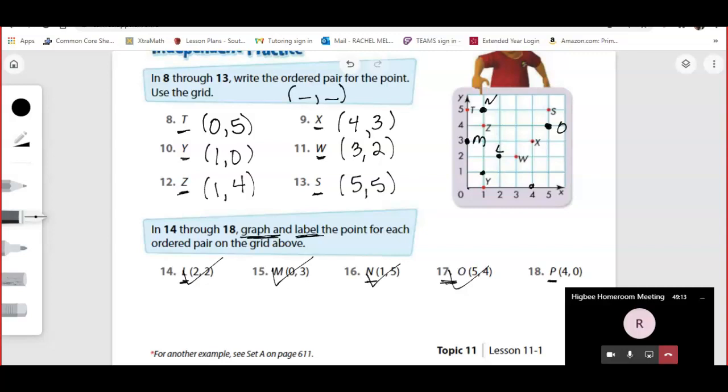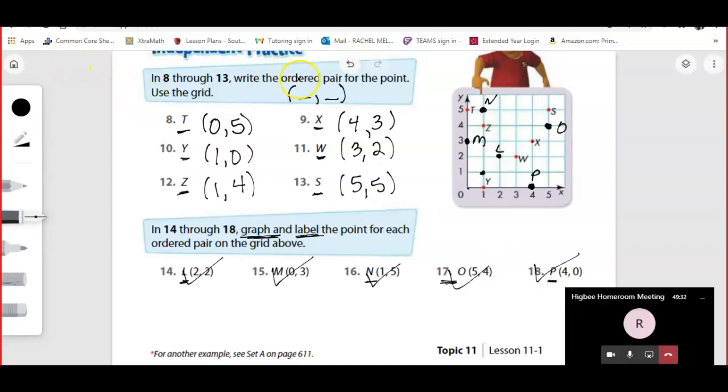He said go over 4 and go up 0. So then this would be P. Any questions on how to graph? Lyric, do you have a question?